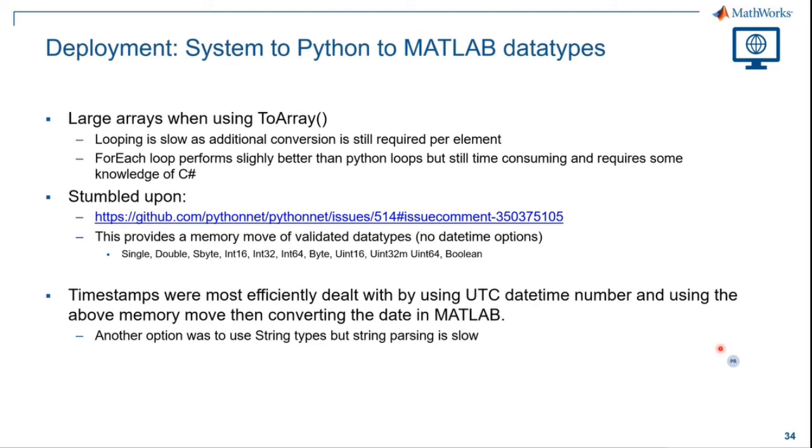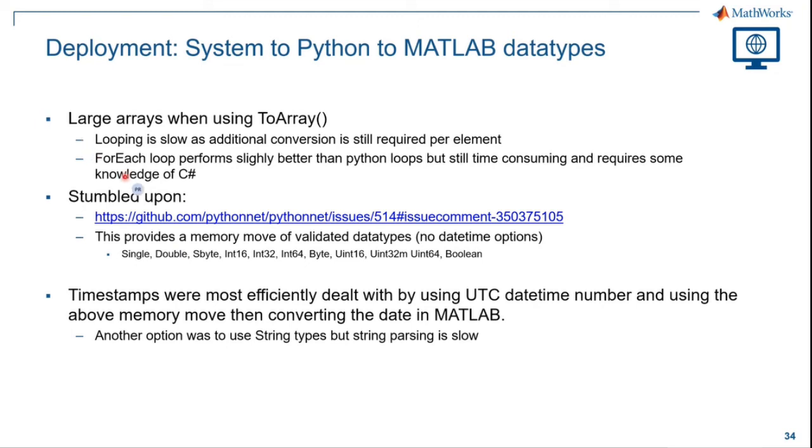Because you're using Python for this, you need to get them into Python data types, but preferentially you would choose data types that are analogous to the MATLAB data types. In this case, things like doubles, integers, singles are very easy to move between Python and MATLAB. So that is fairly trivial. But moving them from a system data type to a Python data type might not be.